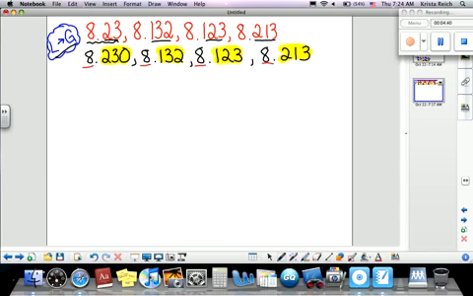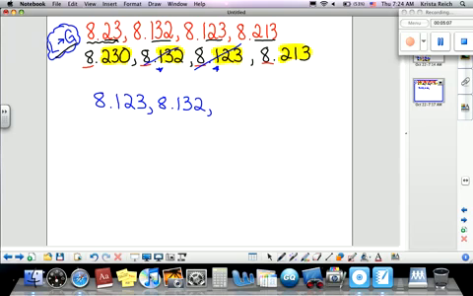So if we're comparing least to greatest, I'm looking for my smallest number, which would be right here. So I'm going to list that one first. 8 and 123 thousandths. Go ahead and cross that one off. My next smallest would be this guy, 8 and 132 thousandths.